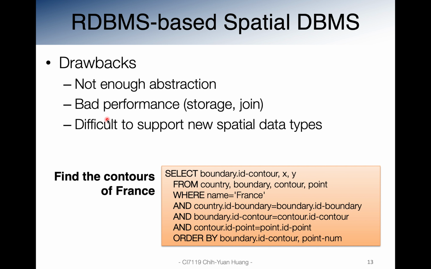And the third one is that it's difficult to support new geospatial data types. Other than using the points to form the contour, the line, and using the line to form the polygon, it's not so easy to support new spatial data types by using the RDBMS solution.